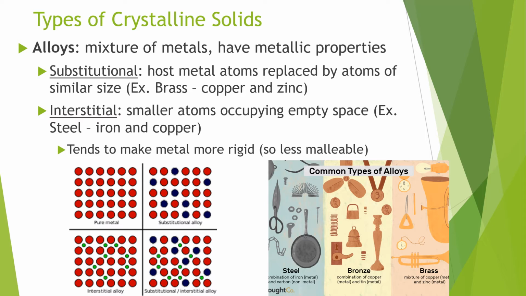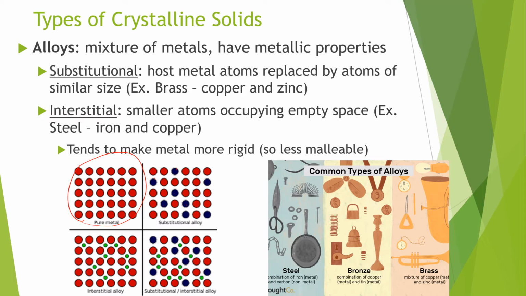So an example of that is brass, because brass is a combination of copper and zinc. And if we look at copper and zinc on the periodic table, they're very close in size. And so you can see in the picture at the bottom on the left where we took our host metal, our pure metal right here, and we replaced some of them with atoms that are very similar size.